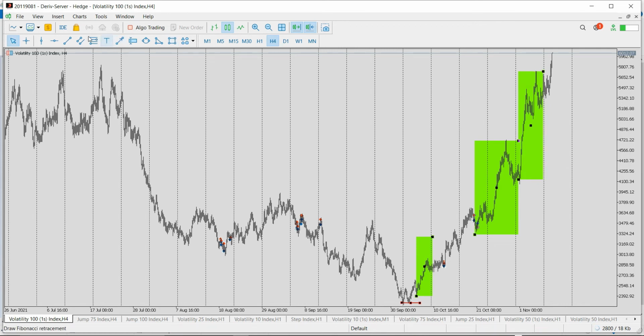What am I expecting here on my H4? I'm expecting this to go down, retrace, give me a double top, then start forming a new level.